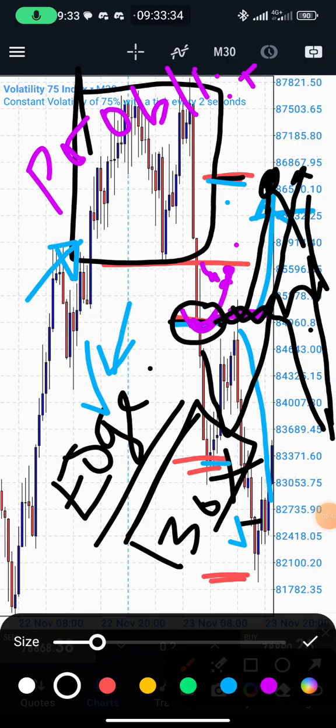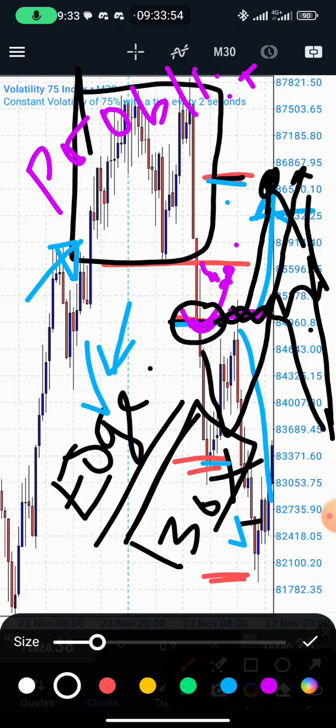Now the winning trader, that is the professional trader, is not thinking about the outcome of this trade. Rather, he's only thinking about, is there an edge? Once there is an edge, he places his entry, he places his stop loss, and he places his target. The market has nothing to do with P and L, profit or loss.